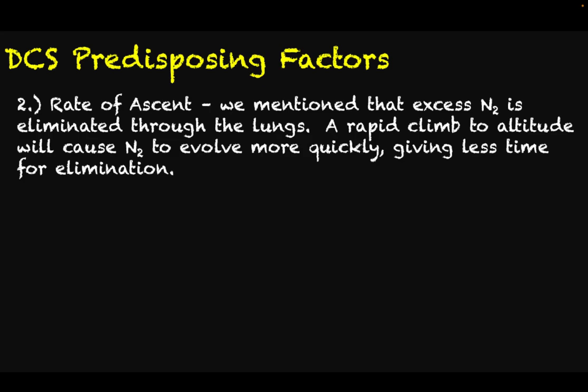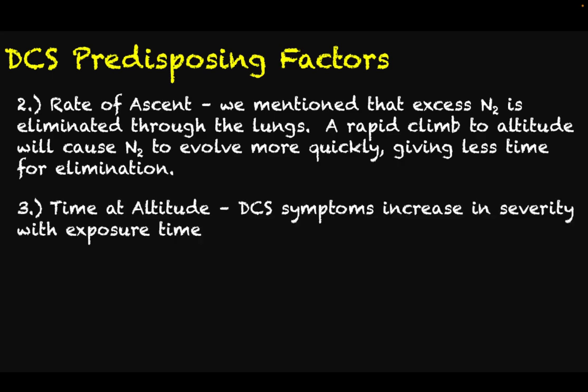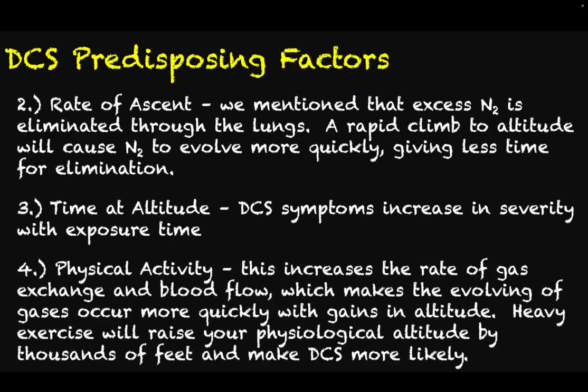You're going to see something similar but kind of opposite here with a climb to altitude. A rapid climb to altitude will cause nitrogen to evolve more quickly, giving less time for the elimination of that gas through the lungs. The amount of time you spend at a particular altitude above 25,000 feet also matters very much, so those symptoms will increase in severity with your exposure time.